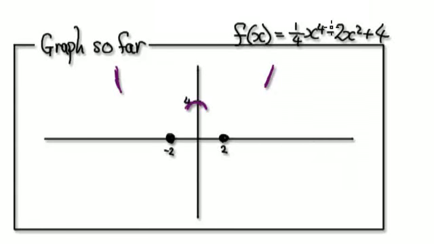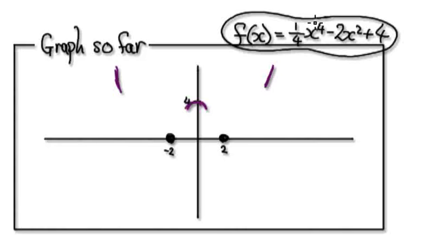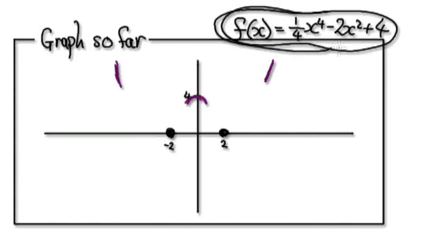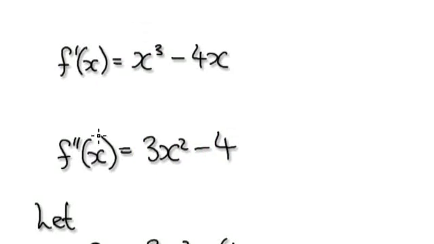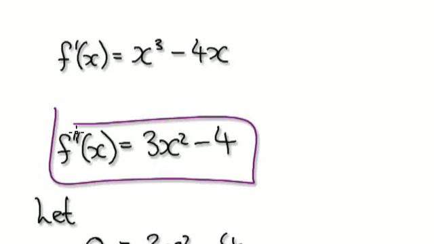Okay, so for a point of inflection, you need to find f double prime. From some of the early videos we've got f prime. So to find f double prime, differentiate it again. So this 3 goes down, and it then becomes this. Okay, so f double prime equals this.